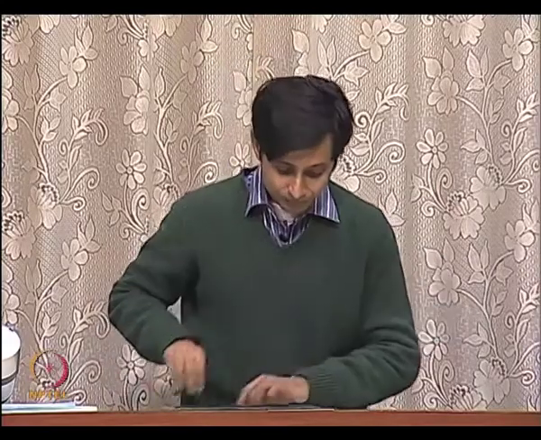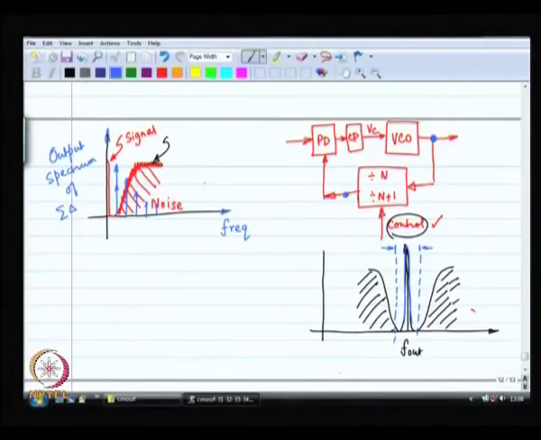Okay. So, therefore, what should be the signal to noise ratio requirements as far as your sigma delta modulator is concerned? Tougher and tougher questions, right. So, you have to make sure that you keep this region clean enough within the loop bandwidth, right.